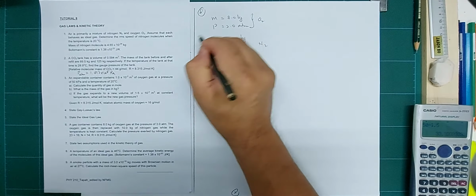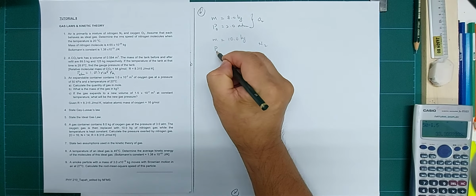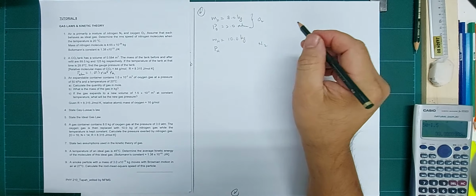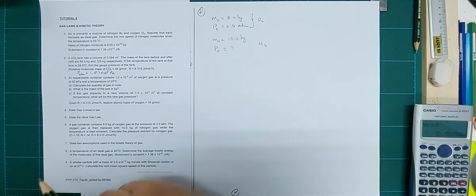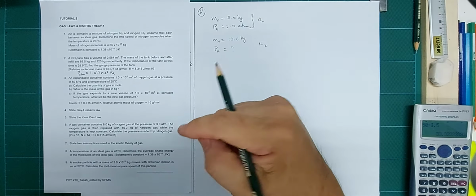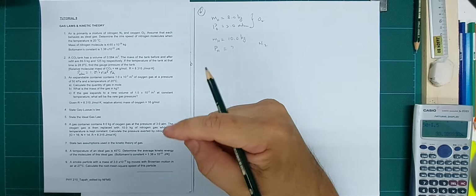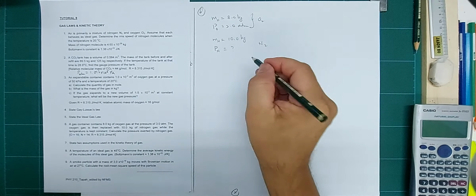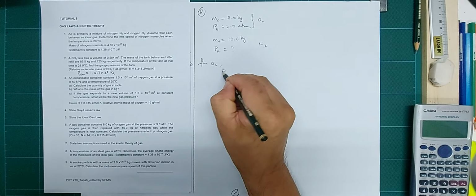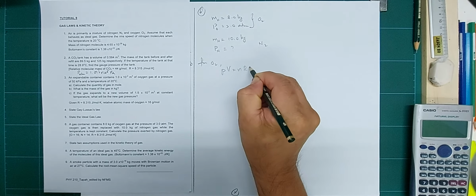So this one I'll call PO, this is PN, this is MO, this is MN. This one is unknown. Need to calculate this. Volume is the same, because it's the same container. So you write the equation now. For oxygen, PV is equal to nRT.